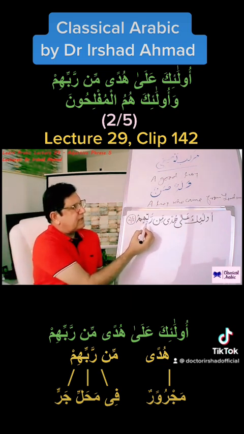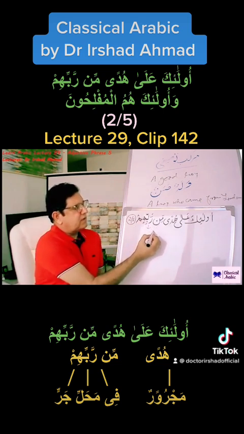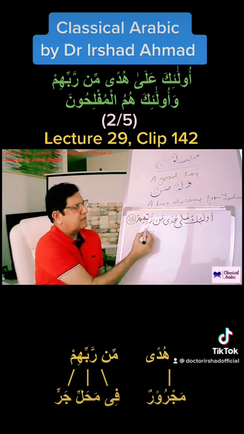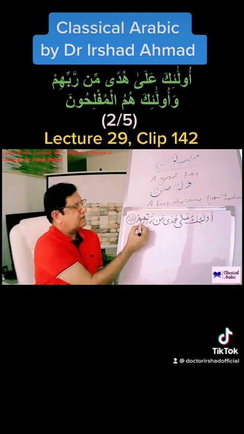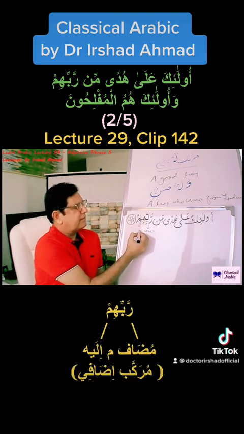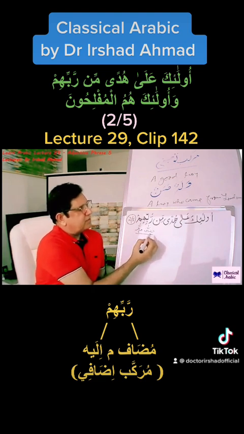We'll start from here. So Rabb, him, Rabbi, him, their Rabb. So Rabb here is mudaf, and him is mudaf ilayh. Let's just write briefly mudaf ilayh, like that. So mudaf and mudaf ilayh combine to make murakkab idafi.